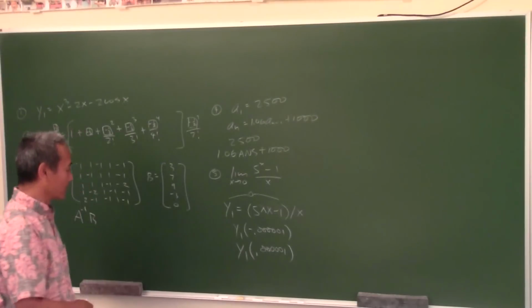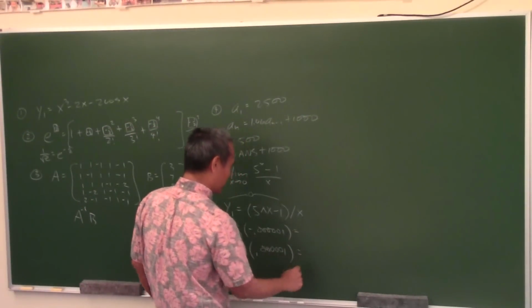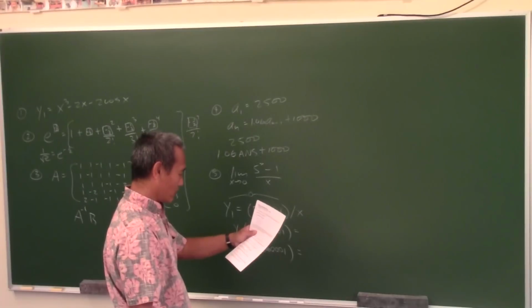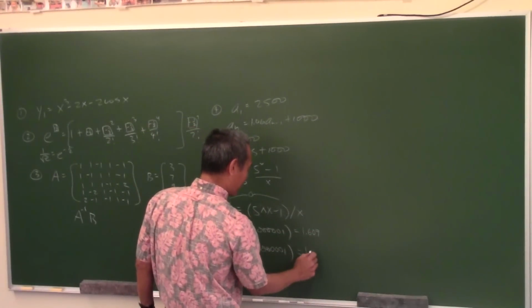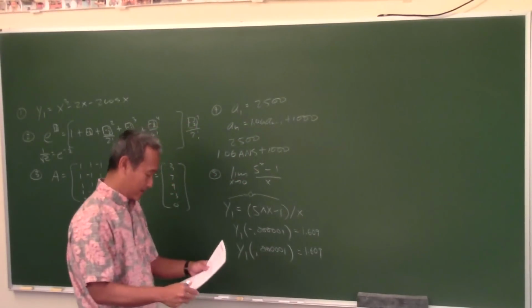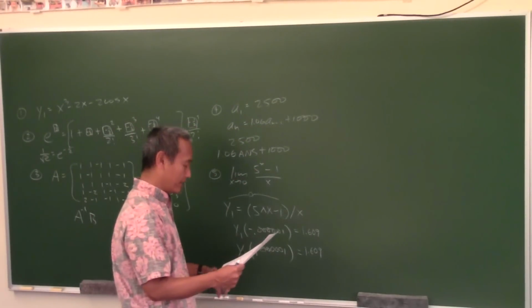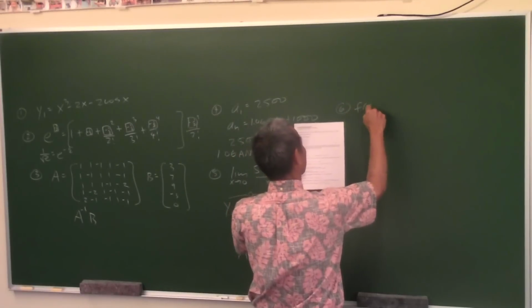This is a lot faster, I think. And then they should come out to the same number in this problem. So what was the answer for this? 1.609? So this would be the left-hand limit. This would be the right-hand limit. Since they're the same, that's the limit. That's why you have to check from both the left and the right. Okay, number 6. We have a function here.